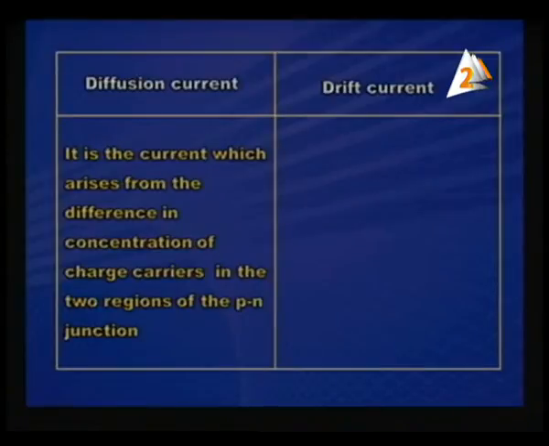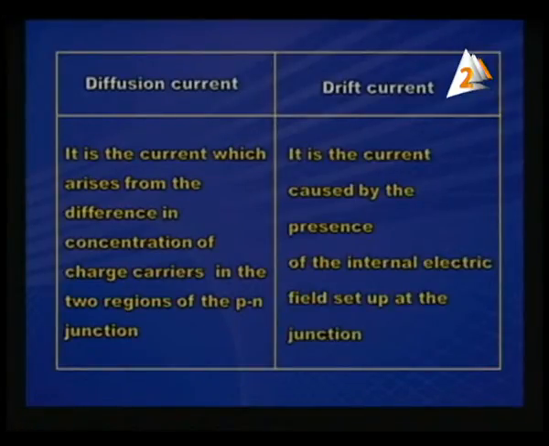It is the current which arises from the difference in concentration of the charge carriers in the 2 regions of the p-n junction. And what about the drift current?